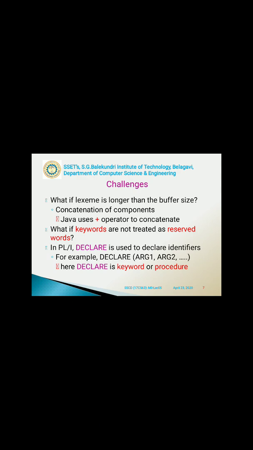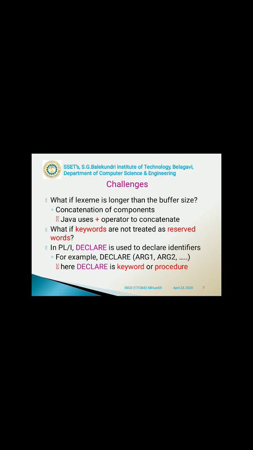See, generally this much size is enough, because normally you will not get any lexeme which is larger than 4096. But suppose your buffer size is very small, and you are looking for lexemes which are larger than that, then it could be difficult for a lexical analyzer to realize the tokens. It means that your lexeme is divided into a number of lines.